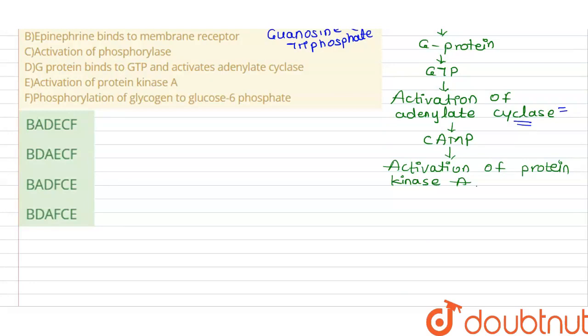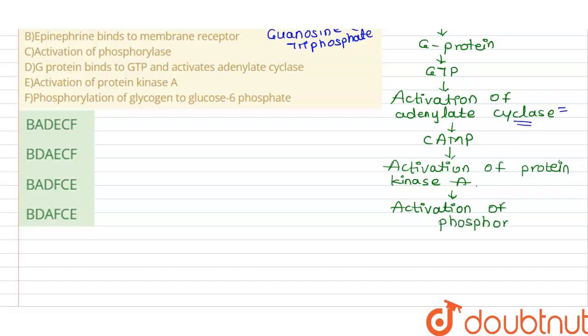So after the activation of protein kinase A, what will happen? The activation of protein kinase A will lead to the activation of phosphorylase.